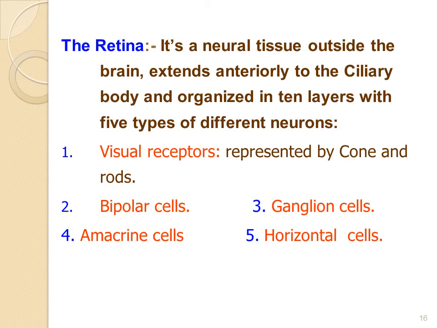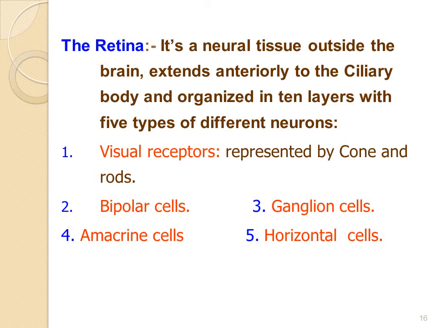What is the meaning of retina? The retina is a neural tissue outside the brain, extending anteriorly to the ciliary body and organized in layers with 5 types of different neurons.